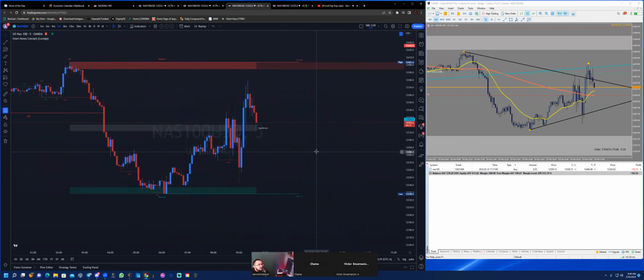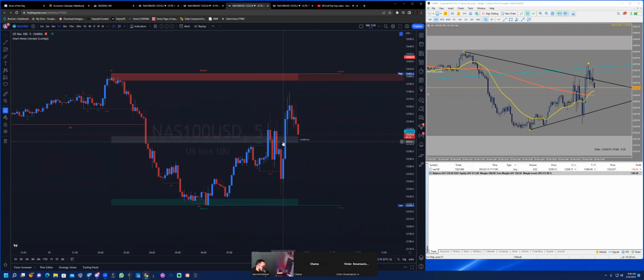So it seems like it wants to come and touch this equilibrium here. Get tapped out right here at our 50-point stop loss. See what happens.